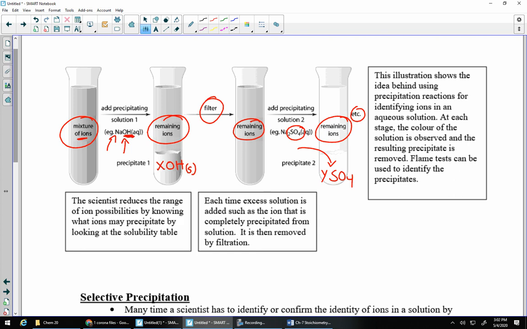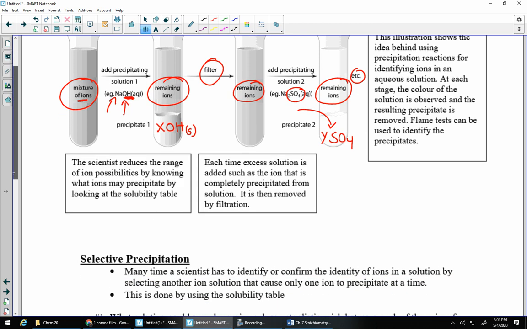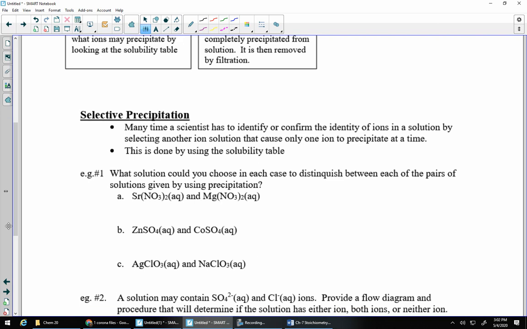One of the tough things to look at, and realistically the only tough thing, is that when you add your negative ion, for example your SO4 2-, it doesn't precipitate out everything. So if you're trying to figure out what exactly is in there, you have to be very selective in the stuff you add when you're trying to precipitate.